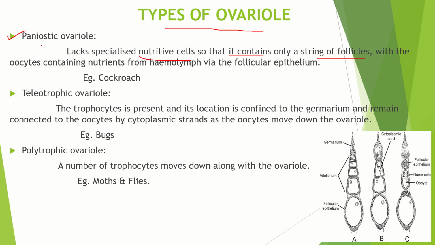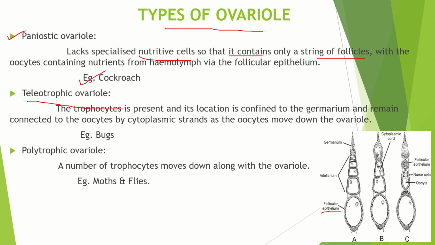This is called the panoistic ovariole. It contains the germarium, vitellarium, and the follicular epithelium. An example is the cockroach.